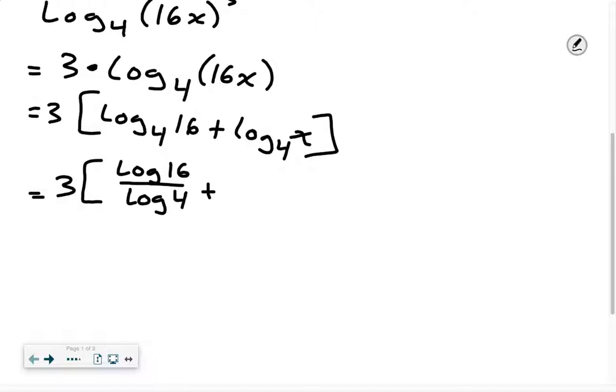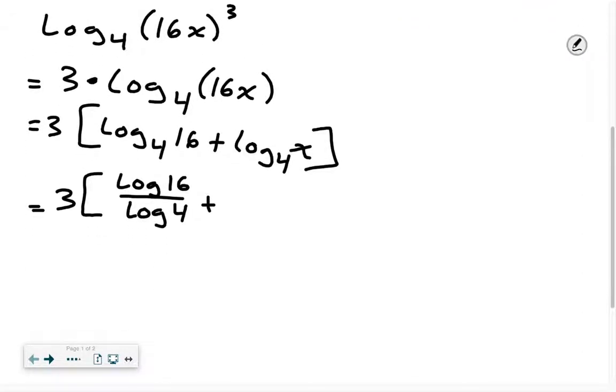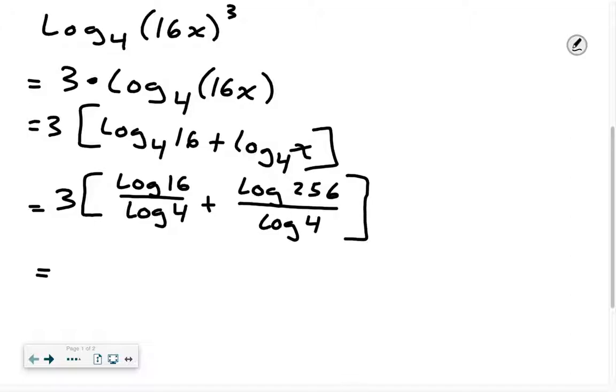And now I'm going to go ahead and plug in that 256 for x and then divide by log of 4. So now we all can plug this into our calculators. Log 16 divided by the log of 4.